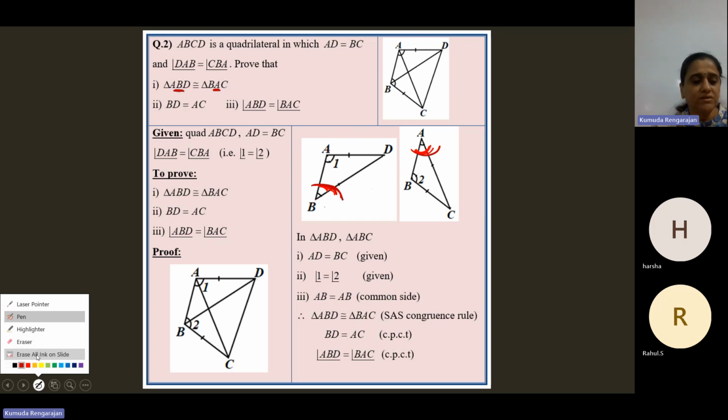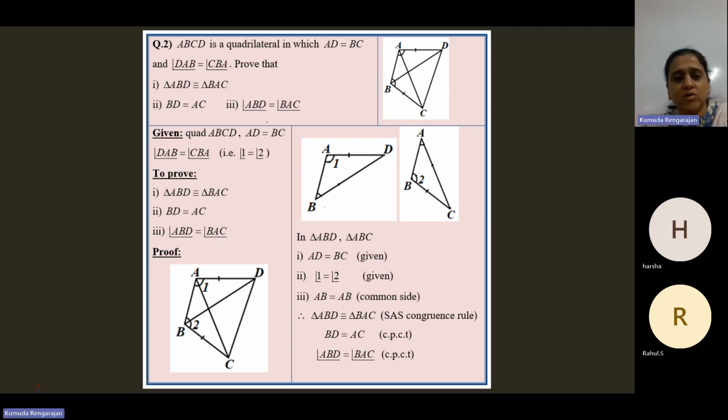The triangles are congruent. Then BD is equal to AC, CPCT, because BD, second and third letters, is equal to AC, second and third. Then angle ABD, this one, is equal to angle BAC, this one.